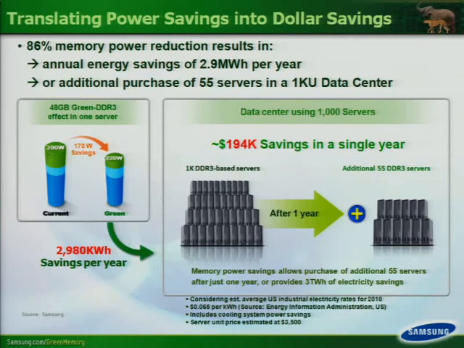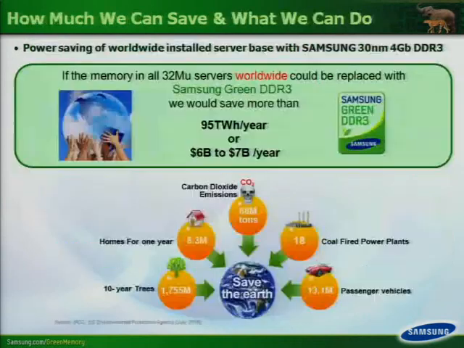Another way of doing it is looking at it as 3 terawatts saving. That money can be reinvested. There is a bandwidth limitation today in the whole enterprise space, and there's more demand in terms of optimizing the servers. So that amount of money can be reused.